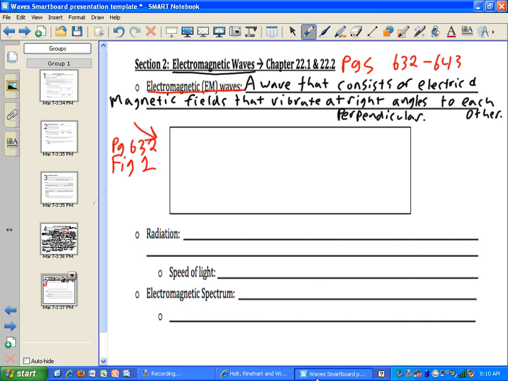Now we're going to go on to radiation, which deals with electromagnetic waves.